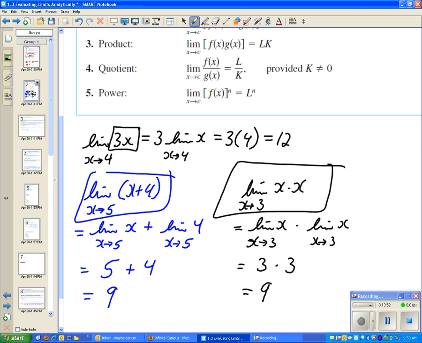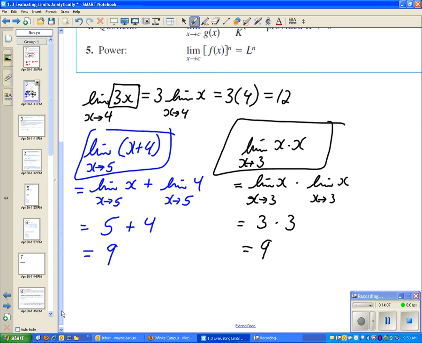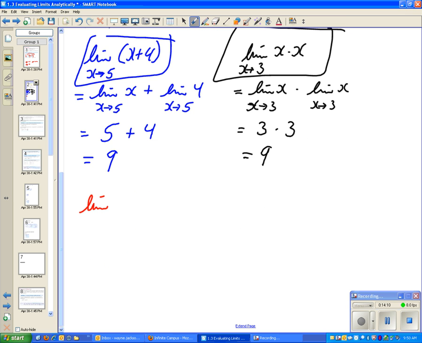All right. Quotient rule. If you're trying to find the limit of one function divided by another function, make sure the bottom one's not 0. You can do that by finding the limit of the top one, the limit of the bottom one, and working it out. Like this. If I wanted to find the limit of 1 over x as x approaches 3, I can make this the limit as x approaches 3 of 1 over the limit as x approaches 3 of x.